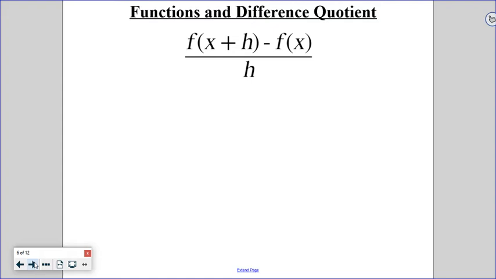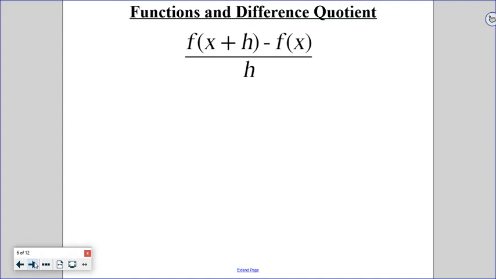So the difference quotient is this. It's got x plus h and x and h, and we have whatever function will be written up here twice. The first time we evaluated at x plus h, minus the second time we evaluated at just x. And we're going to talk about some things that will always happen when evaluating your difference quotient: it will always simplify down very, very similarly.